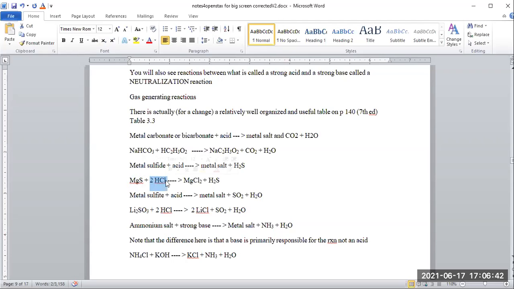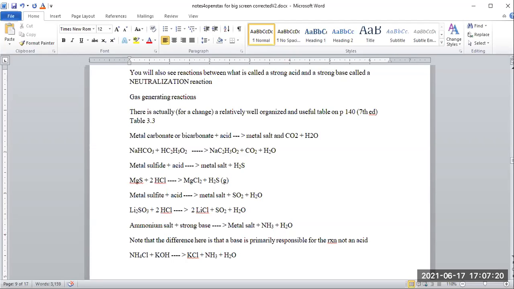And I put my 2 in there so that this is a balanced reaction. My metal salt is my magnesium chloride. And this one does not have a 3rd product. My 2nd product, my gas, if I go back and put a little subscript in here to remind you that this is where the gas is. Hydrogen sulfide is what's being produced.